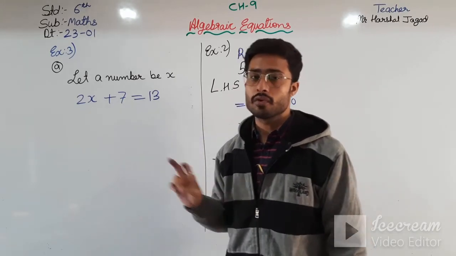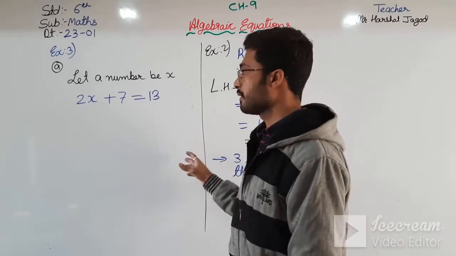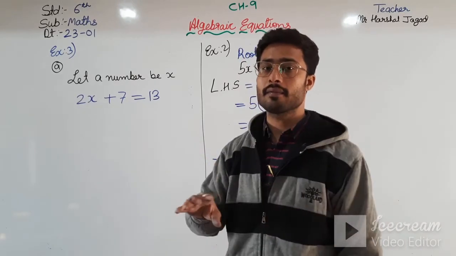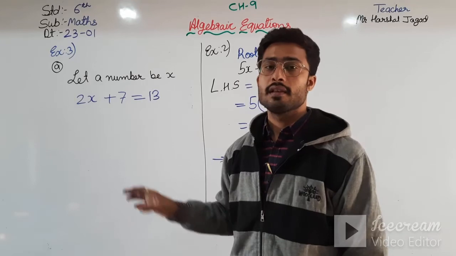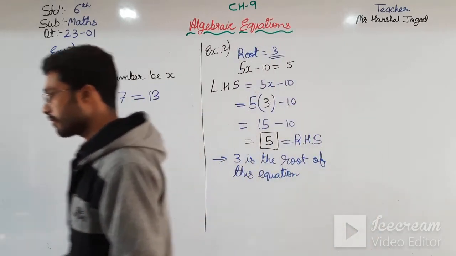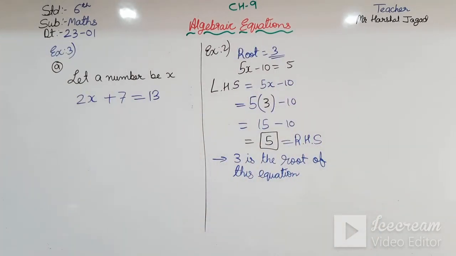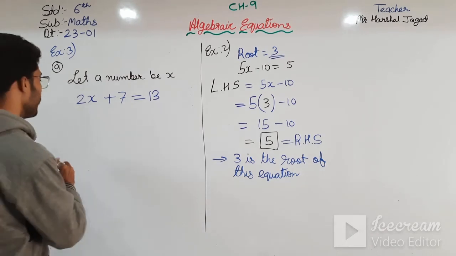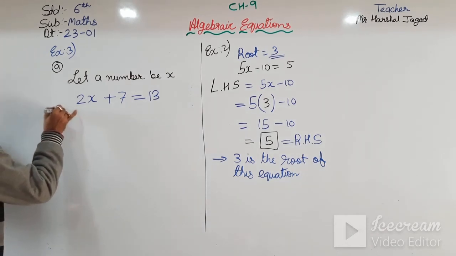We have two methods: the trial and error method, which I have done earlier, and another method by solving. Here we will take the trial and error method. One by one we will take the value of x.